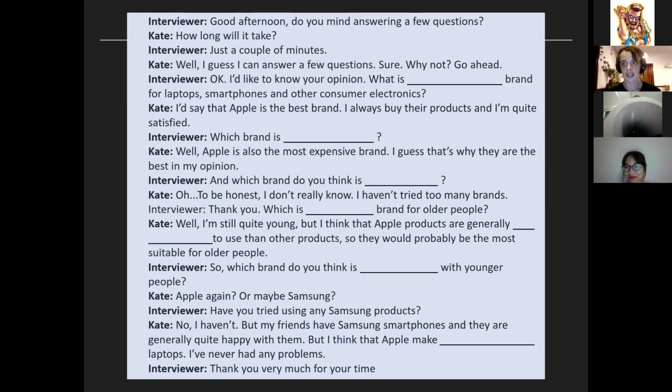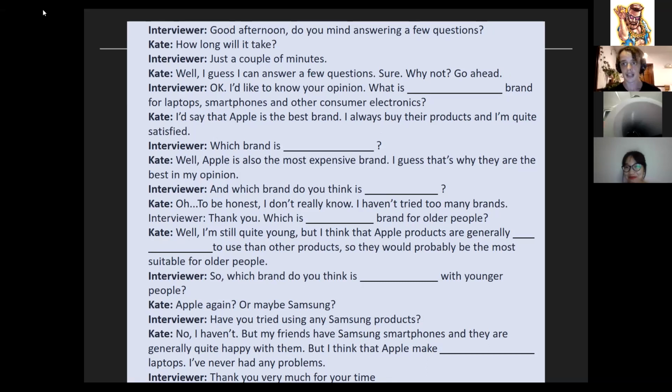Apple again? Or maybe Samsung? Have you tried any Samsung products? No, I haven't, but my friends have Samsung smartphones, and they are generally quite happy with them. But I think that Apple make better and more reliable laptops. I've never had any problems. Thank you very much for your time.